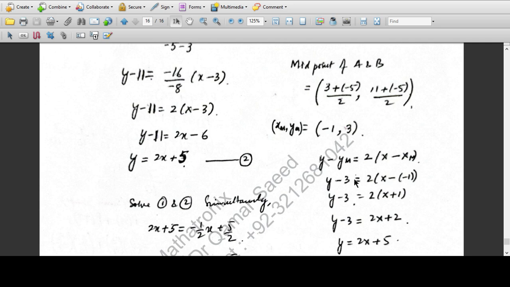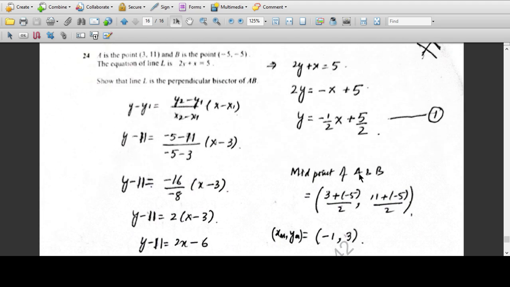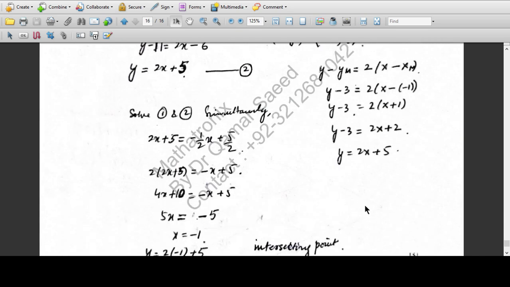So y minus 3 is equal to 2x plus 1, so y minus 3 is equal to 2x plus 2, and y is equal to 2x plus 5. So the equation of line AB is the bisector of this line.